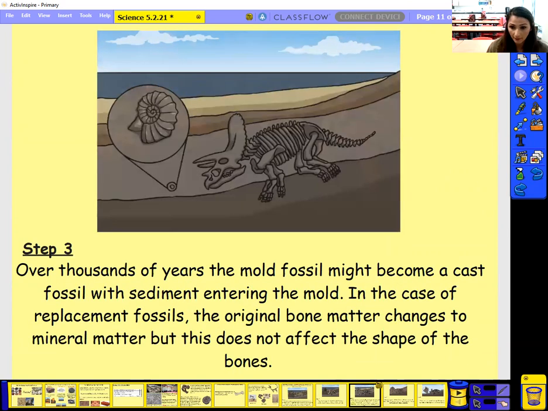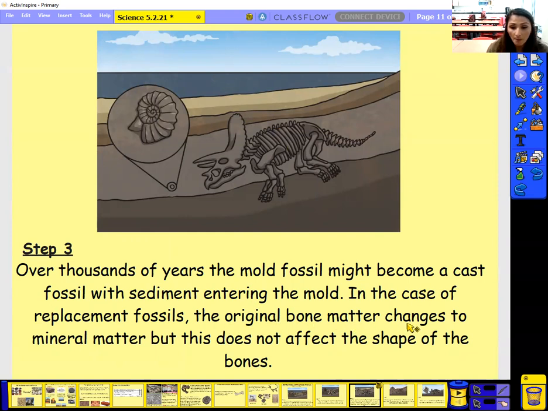We also have step 3. So remember, there's 5 steps. We're on step 3. Over thousands of years, the mold fossil might become a cast of the fossil with sediment entering the mold. So as you can see, what's happened is that the bone has started to erode, but the rock has formed around it.